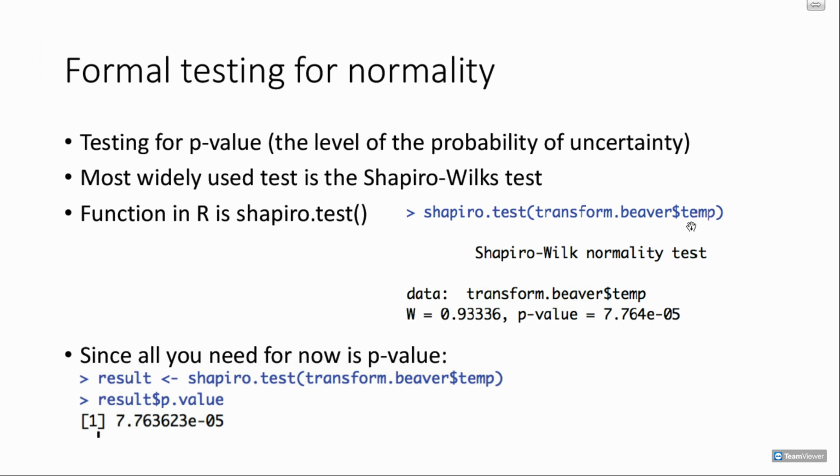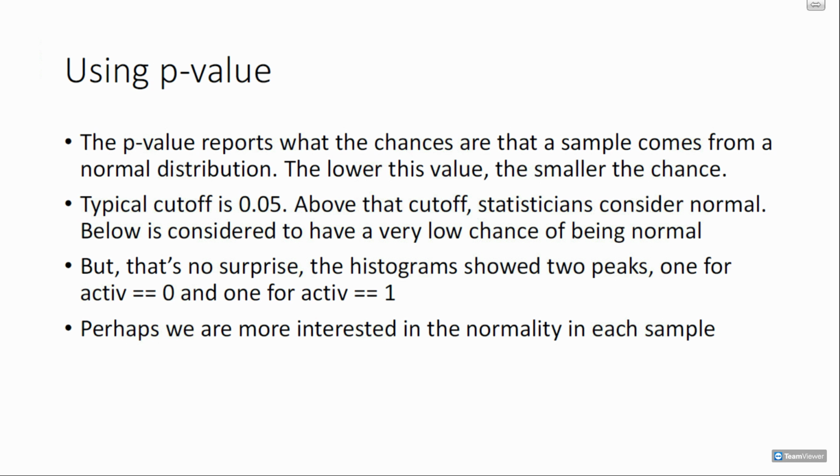Here, the whole of temperature, when it's not divided into active and inactive groups, the data is not normal. So we have a very small p-value, which indicates that the data is not normal. That's what I have in words for you here.